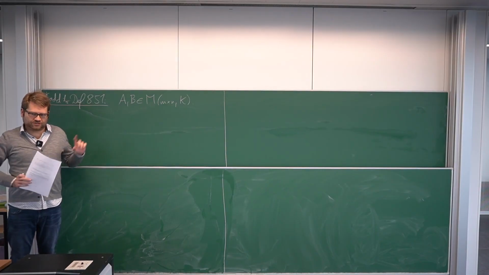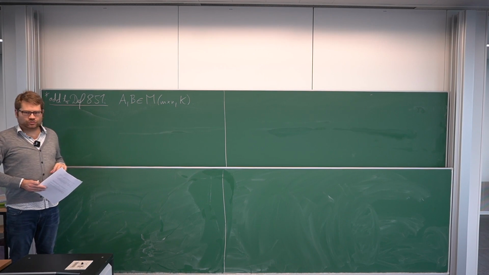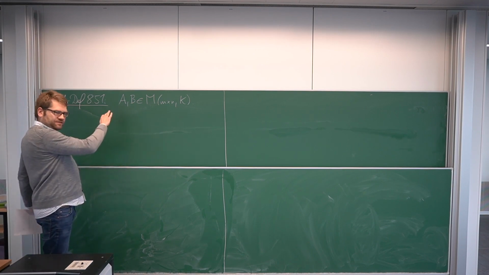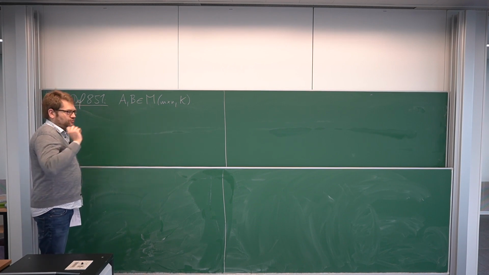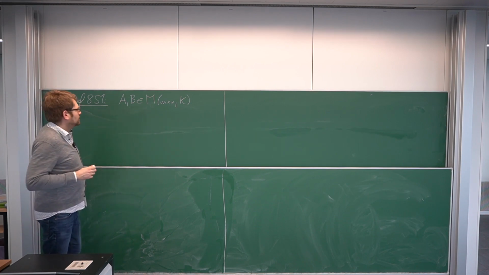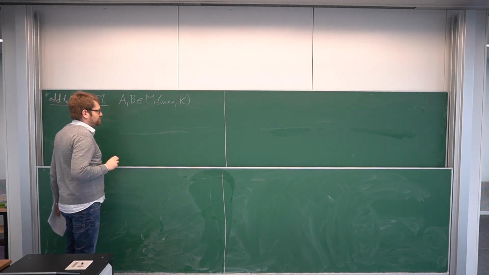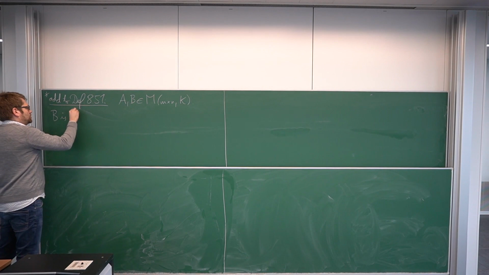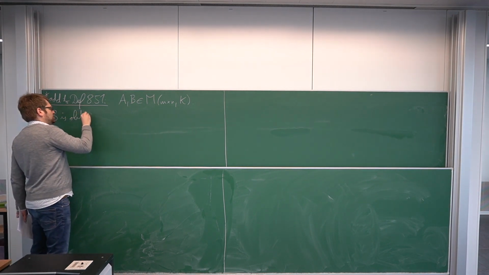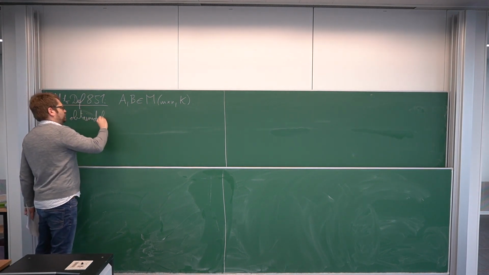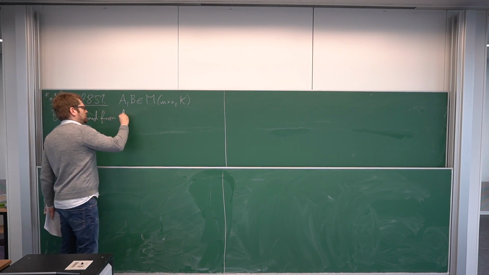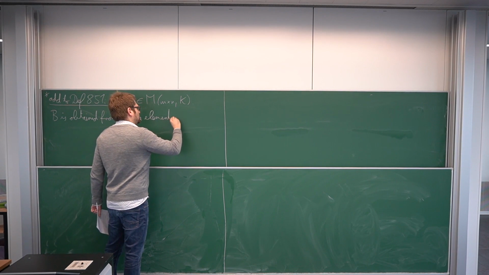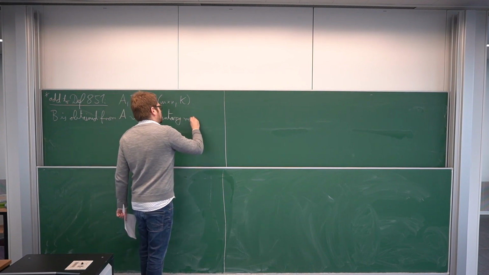I just noticed I forgot one particular piece of terminology that I wanted to have in definition 851. Sorry about that. So let me just add this to the definition then. So now we've seen elementary row operations, we've seen examples, and now if we have two matrices A and B of the same size, we say that B is obtained from A via elementary row operations.